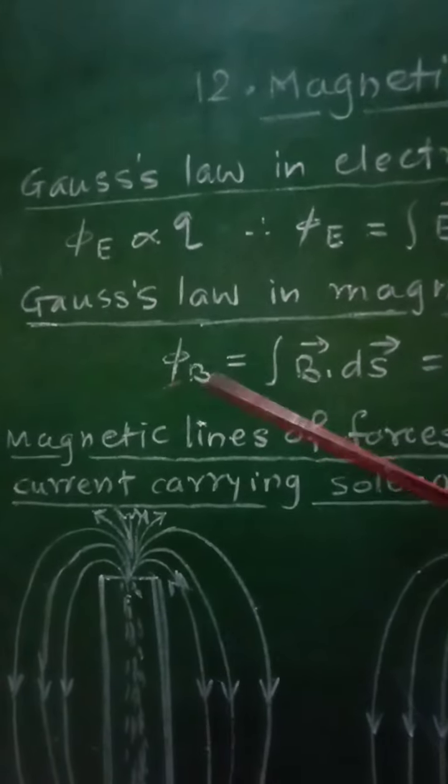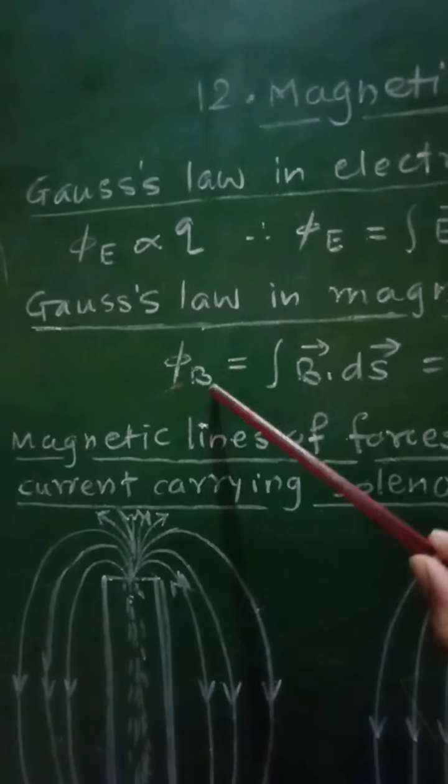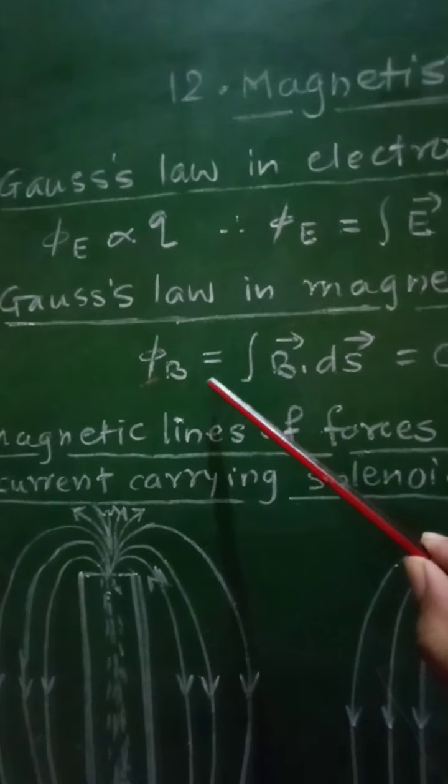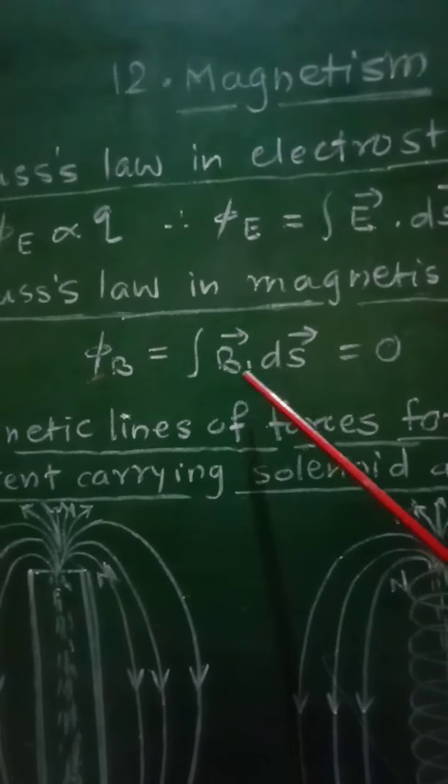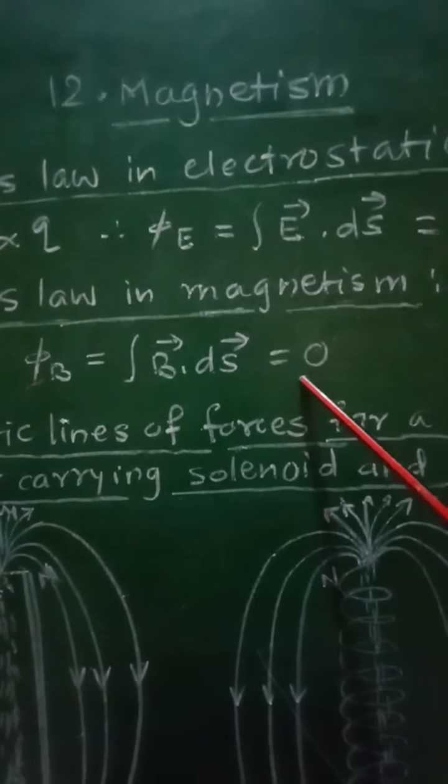That is, phi B will represent the net magnetic flux, which is equal to integration B ds, and that is equal to 0.